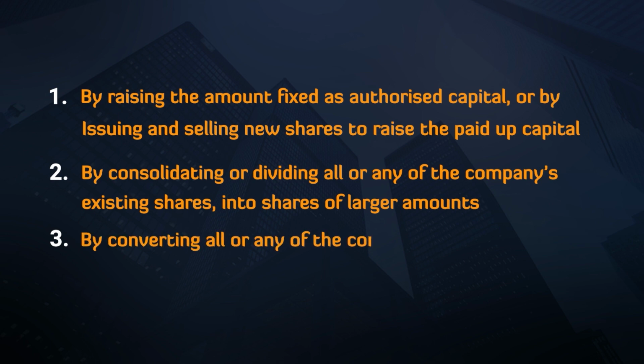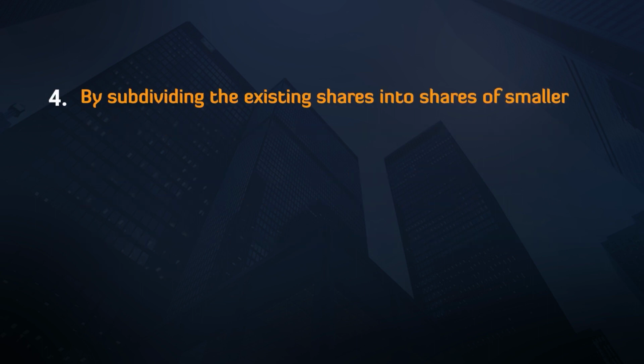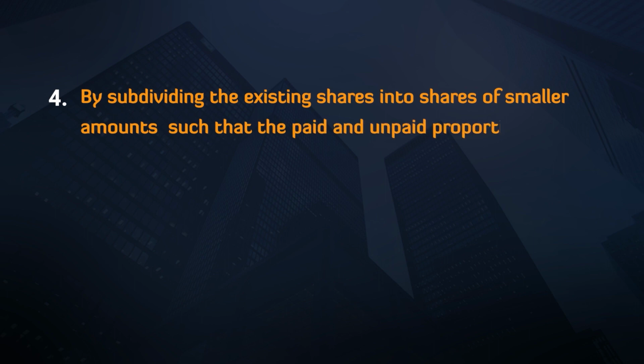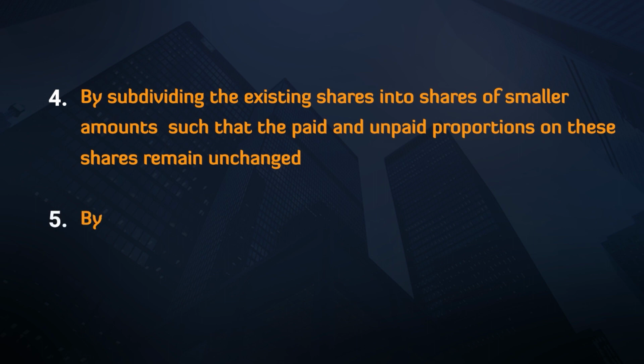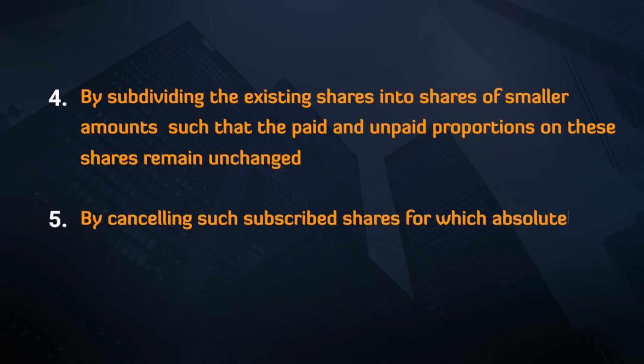By converting all or any of the company's existing shares into stocks. 4th, by subdividing the existing shares into shares of smaller amounts such that the paid and unpaid proportions of these shares remain unchanged. And finally, 5th, by cancelling such subscribed shares for which absolutely no amount has been paid.